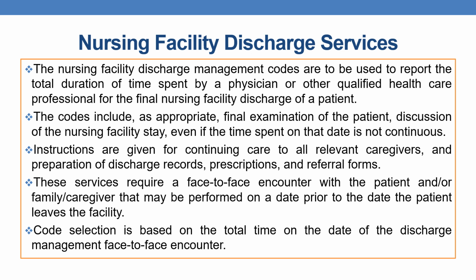These services require a face-to-face encounter with the patient or family or caregiver that may be performed on a date prior to the date the patient leaves the facility. And the code selection is based on the total time. Remember this, for nursing facility discharge services, the code selection is based on the total time on the date of the discharge management face-to-face encounter.